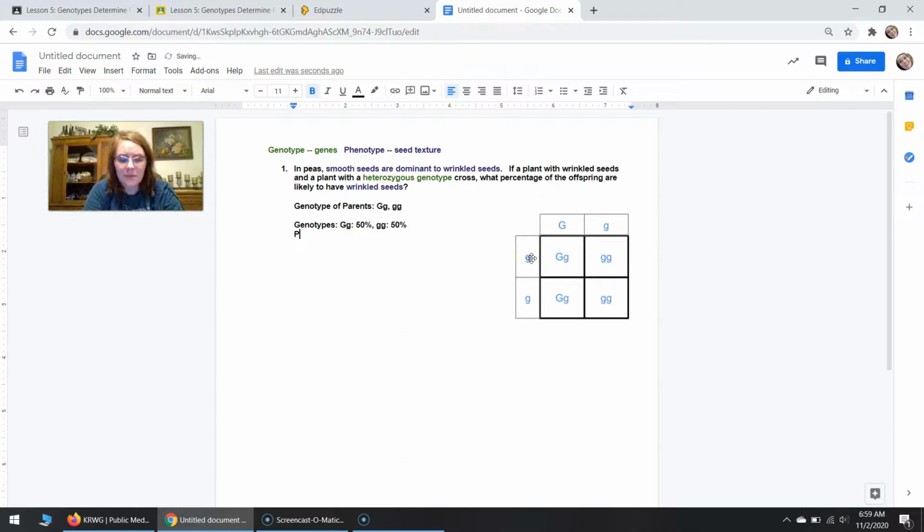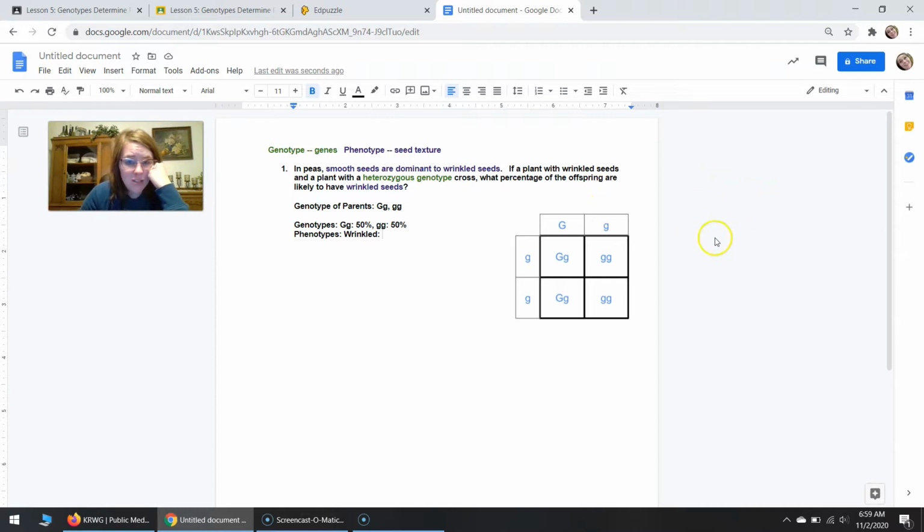Now to solve for the phenotypes, we are going to decide how many of these seeds are going to be wrinkled. So we're going to put wrinkled. We need to figure out a percentage. So wrinkled seeds are only going to be present, because it's a recessive trait, if there's two lowercase g's, or two recessive genes, one from each parent.